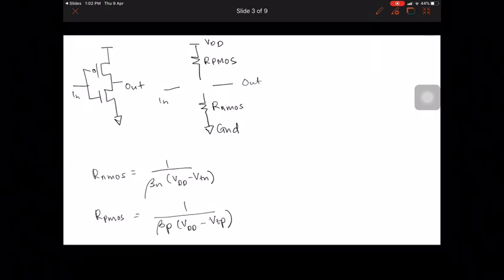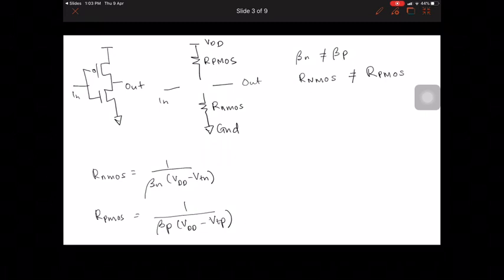So beta N is not equal to beta P, therefore R NMOS is not the same as the resistance of a PMOS.